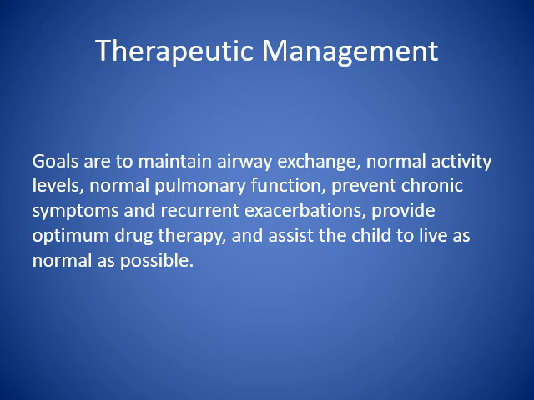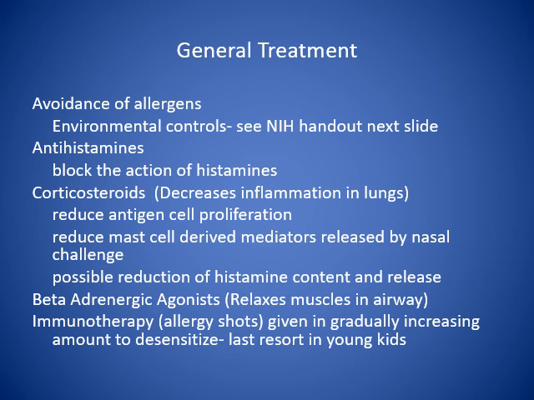So management. Goals always are to control the asthma flares, avoidance of triggers, which we'll talk about in a minute. You want to get them functioning as normal as possible, prevent chronic symptoms, and provide optimum drug therapy. So general treatment, we want to avoid allergens.